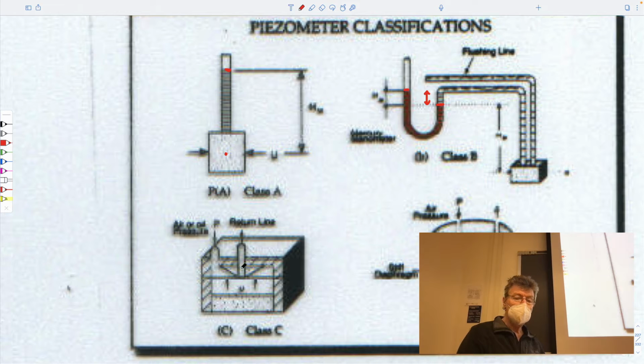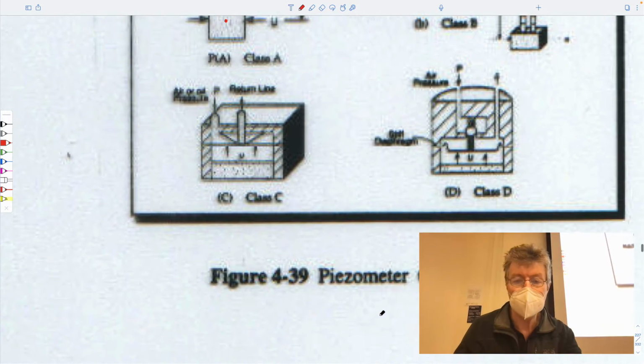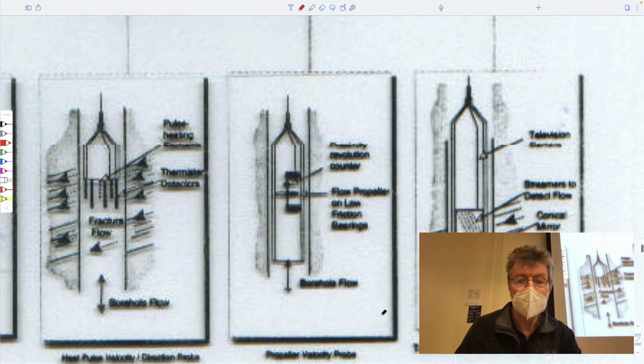It's only when this pressure acting here is larger than the pressure underneath that we bypass and go up the other side. And so the time at which the pressure overcomes the in situ fluid pressure is a measurement of the value that you have within the system. Same idea here. So different kinds of piezometers.